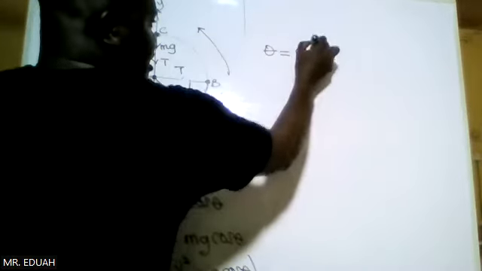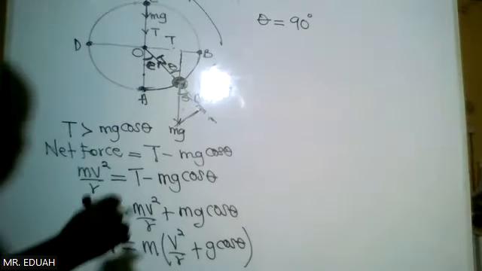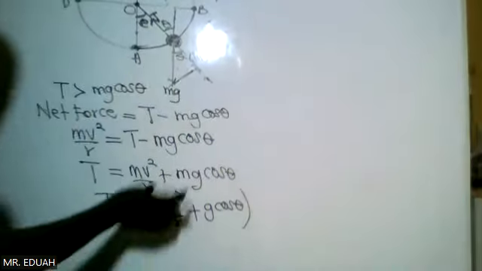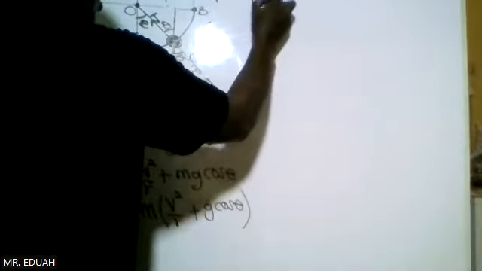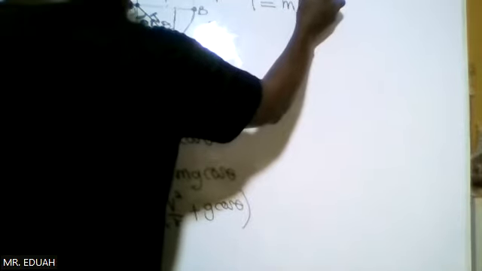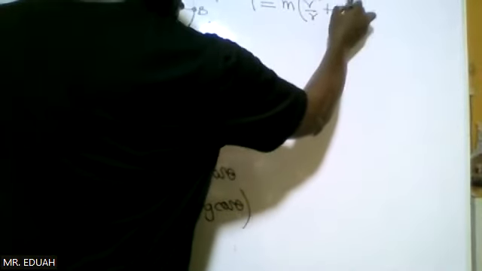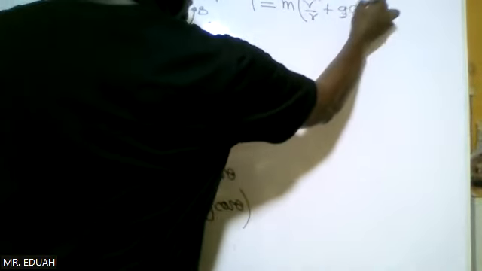-90 degrees. So theta is 90. If theta is 90, substitute it into this relation. T would be equal to mv squared over R plus J cos 90.